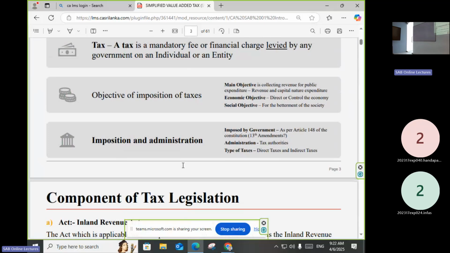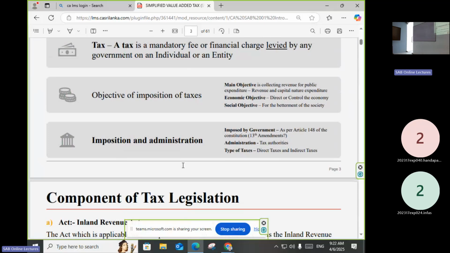Excise duty is imposed on tobacco and liquor. So there are a lot of taxes, right?